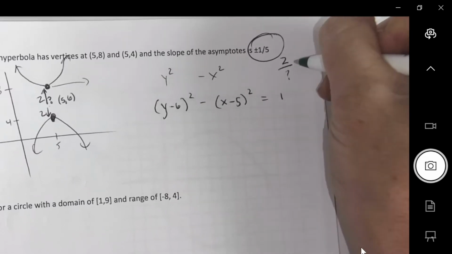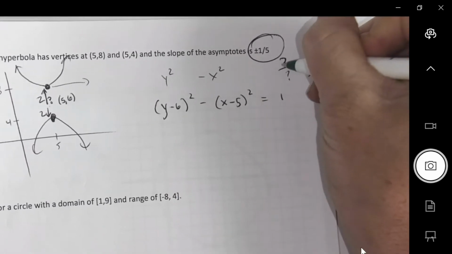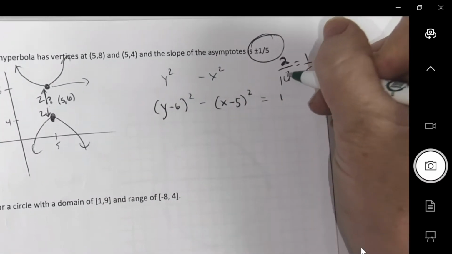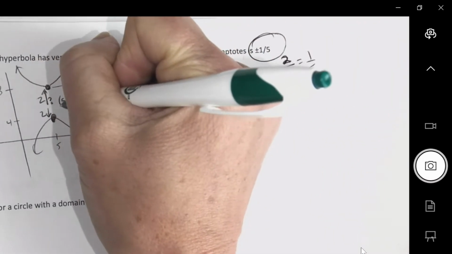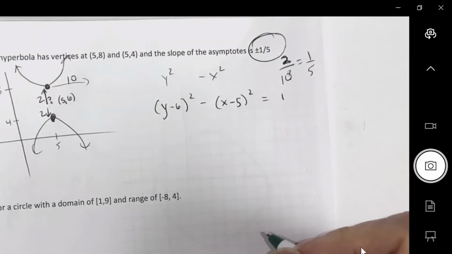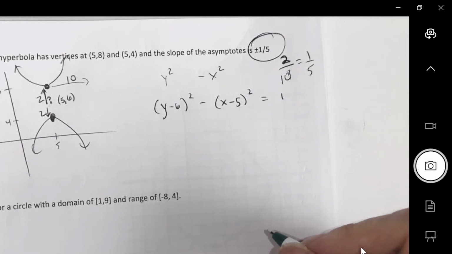Two over what is the same as 1/5? 10. To get a slope of 1/5, this is going to be a 2 over 10. Does that make sense to you?